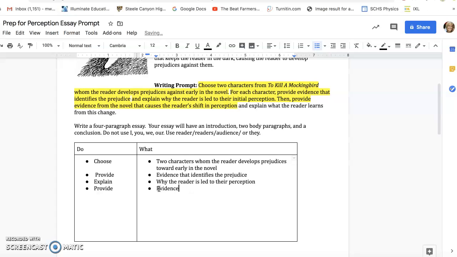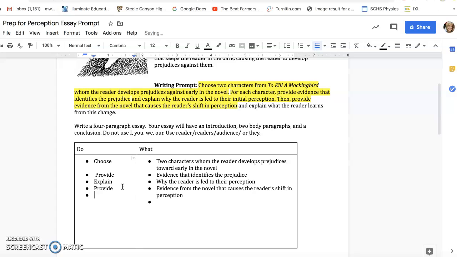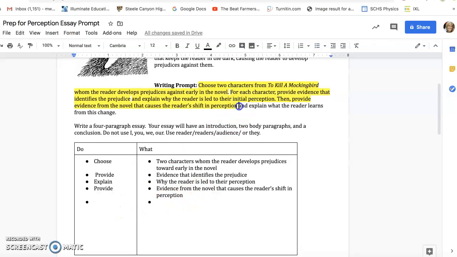Evidence from the novel that causes the reader's shift in perception. So when does the reader stop thinking that Miss DuBose is a horrible old woman and starts to have some compassion for her because she is a morphine addict? Poor thing. Okay, then you're not done because your teachers are sadists.